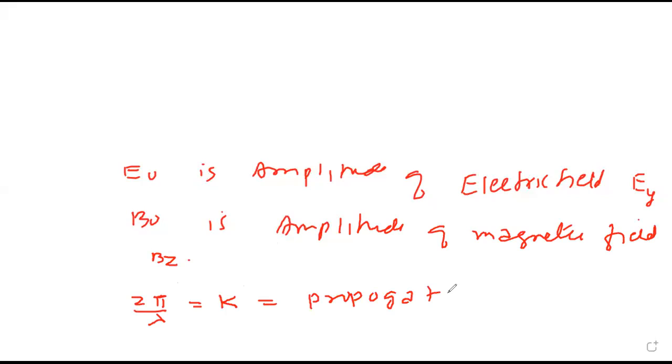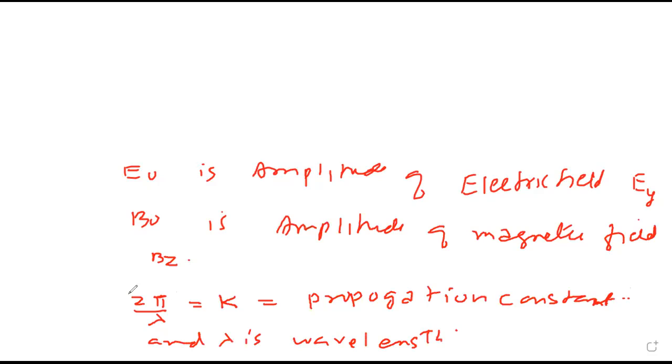So 2 pi by lambda, that k notation, is called the propagation constant, and lambda is wavelength. Just write this much. One numerical will do, then we'll stop. Next class we'll do what is the electromagnetic spectrum and then communication system.